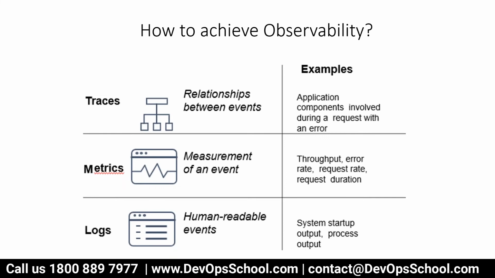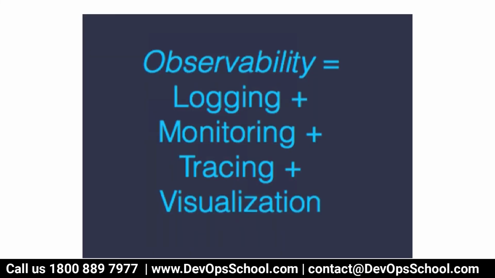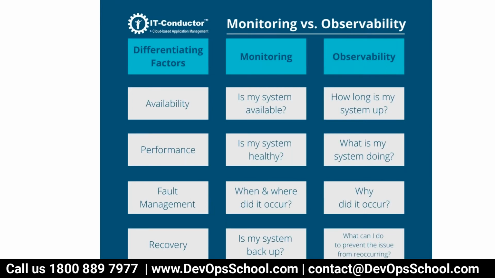Examples of metrics are throughput, error rate, and request duration. Examples of logs are application log, system log, event log, process log, network logs, and so on: the system startup output, process output, and so on. So observability is equal to logging, monitoring, tracing, and visualization. All these things come together and are called observability.